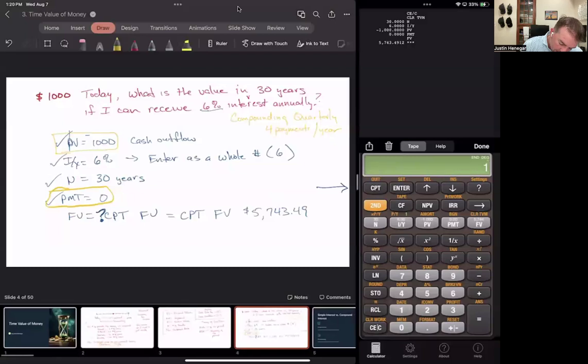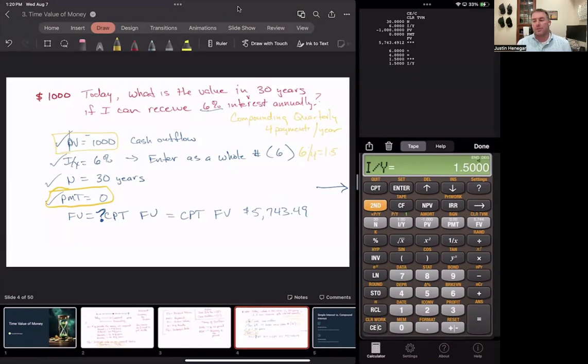So we're going to take our 6 and we're going to divide it by 4. So let's do that on our calculator. So we have 6 divided by 4, and that is 1.5. This now is our new interest rate. Okay. So 1.5. So we are basically going to earn 1.5% each quarter. All right. That's what that means.